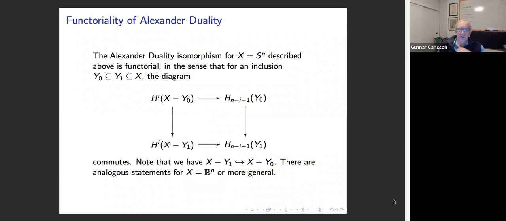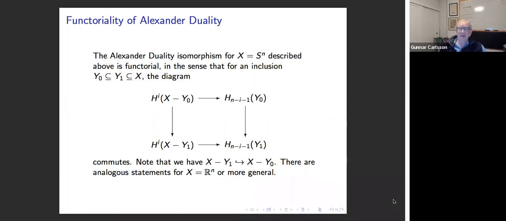So let's look here. The Alexander duality isomorphism for X equals S^n described above is functorial, in the sense that if you have an inclusion of Y naught contained in Y1, you have a diagram like this. Notice that the map on the right is induced by a map of spaces, and so is the map on the left.